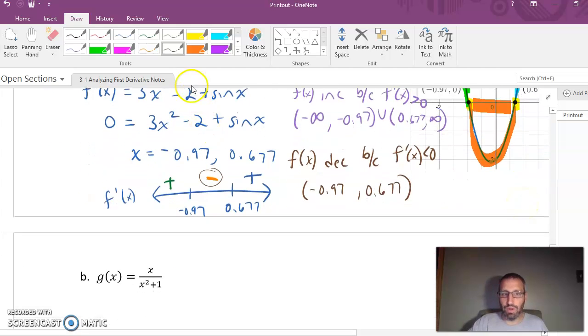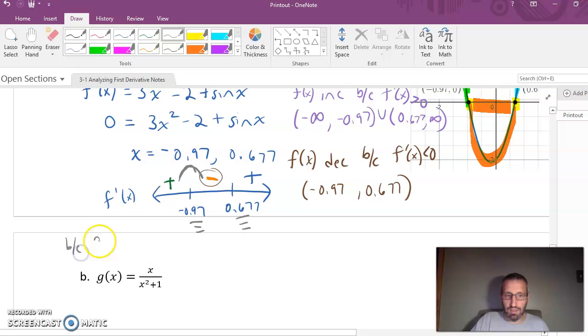Let's see if we can write a statement here about local max and local min. I'm interested in those critical values and whether they're changing coming in or going out. So I see a positive first derivative means increasing, to a negative first derivative means decreasing. That sure looks like a local max to me.